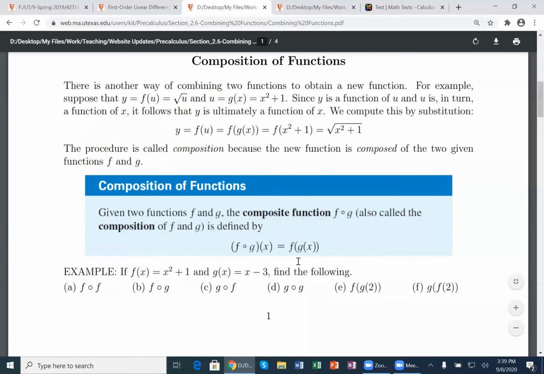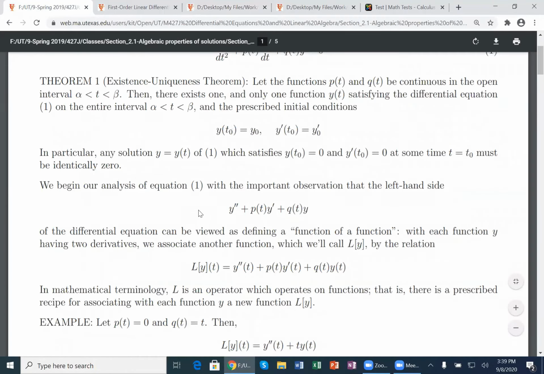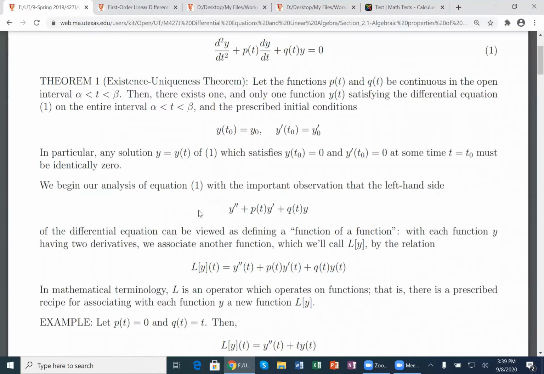Here, in order to come up with a composition of functions, we start with f of x, which is a function, and then we replace x by this. Here, as I said, we have more tools. In addition to standard operations, we allow to take derivative, or in general to take antiderivative.